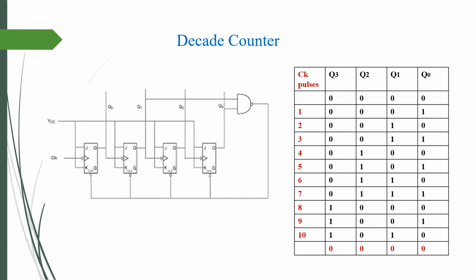So all flip-flops will be cleared and the outputs of decade counter will be 0000 again. Thus, it counts from 0000 only up to 1001. When the 10th number occurs, the decade counter resets.